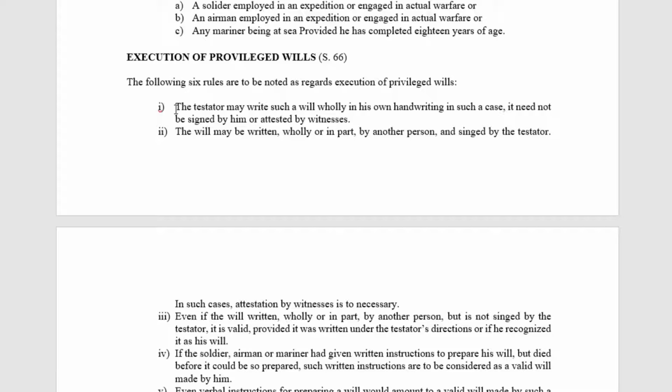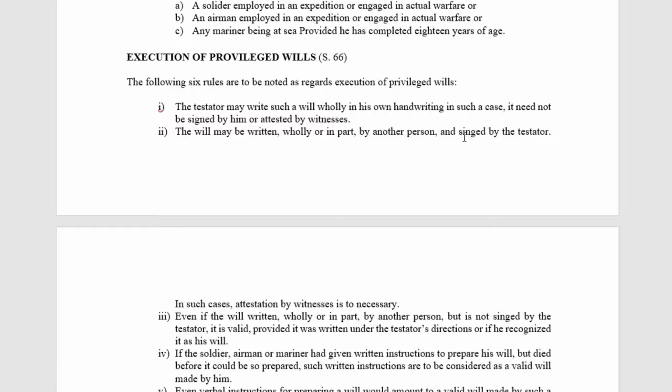So the second aspect is the will may be written wholly or in part by another person and signed by the testator. In such cases, attestation by witnesses is necessary.